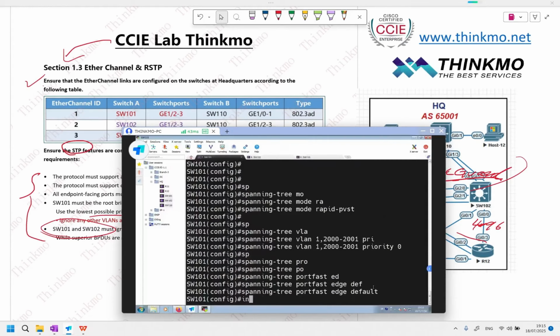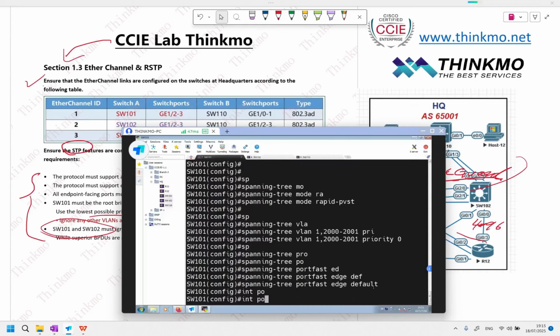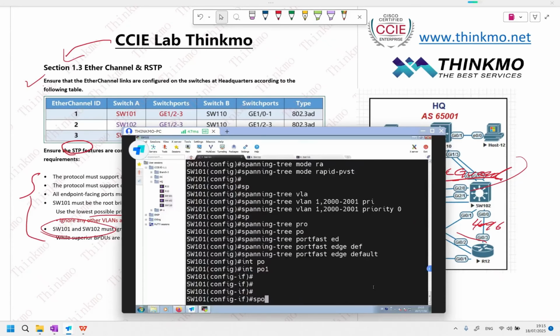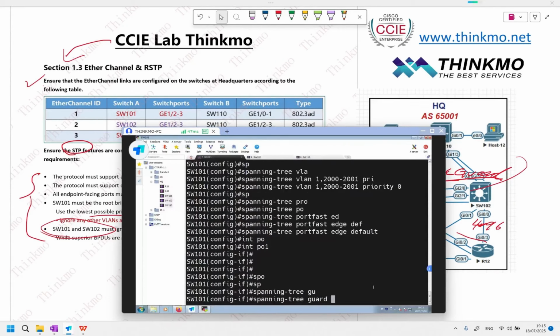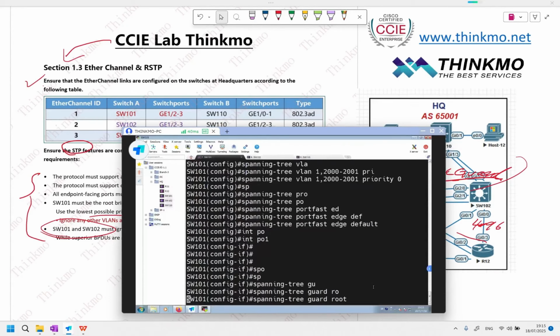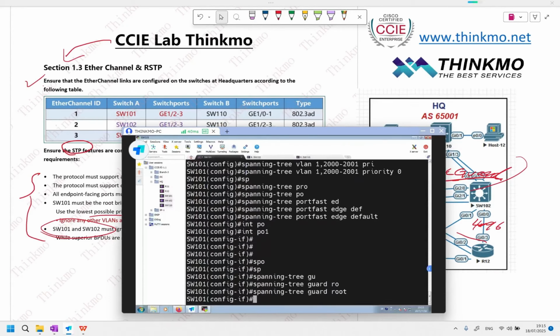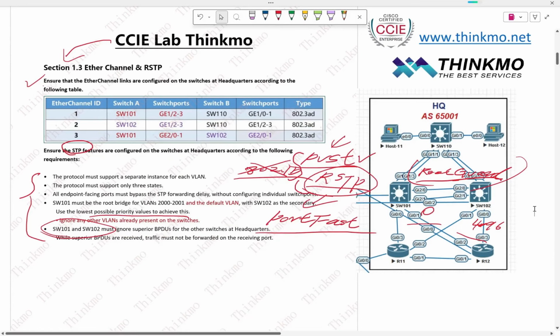Then this is called the aggregate link, right? Aggregate interface. So we need to enter this interface and enable root guard. The configuration command is written like this.